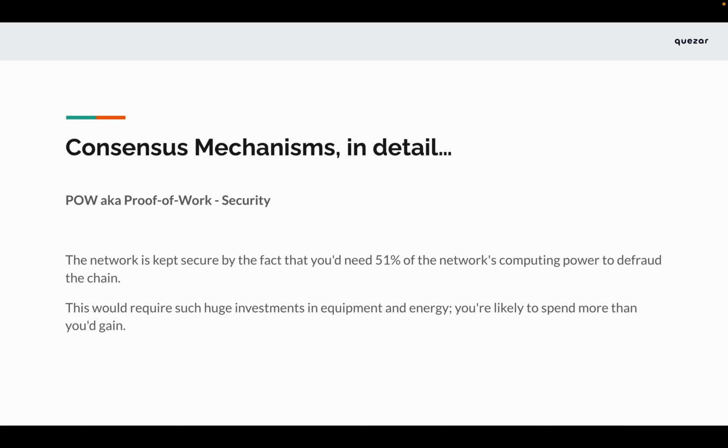In proof of work, the network is kept secure by the fact that you would need 51% of the network's computing power to actually attack the chain and defraud it. If you think about the computational resources needed to do that, it would require such a huge investment that you are likely to spend more hacking the network than you would gain. Once you hack the network, the community would also know, so they will usually do a hard fork of the network.